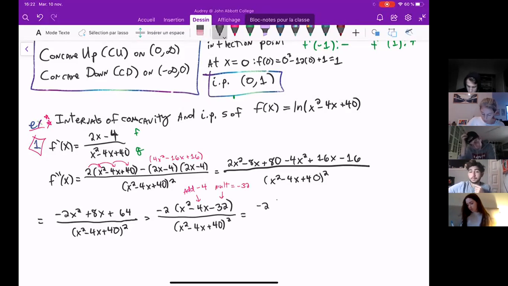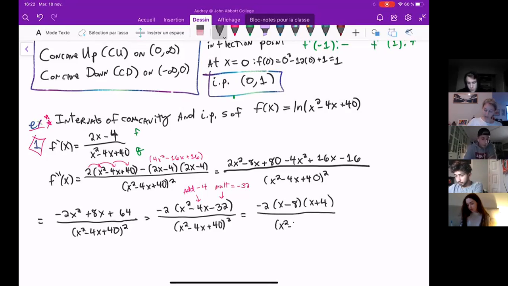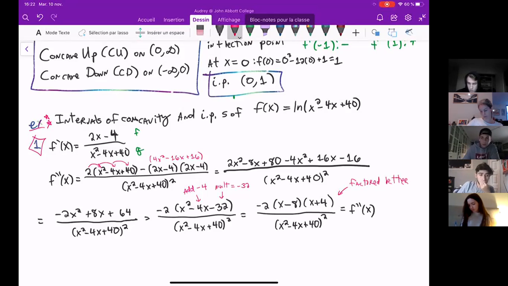So -2, x minus 8, x plus 4, over x squared minus 4x plus 40 squared. And that is my simplified second derivative. So factored is better for finding pips.